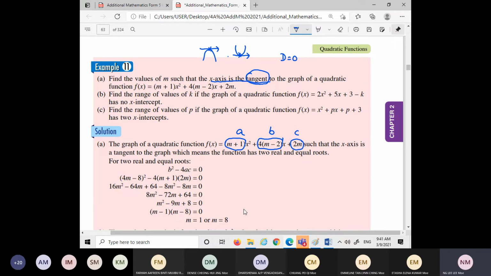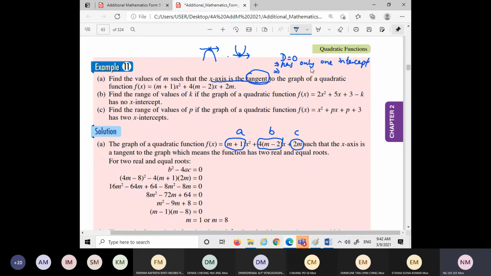This case is the same as when you have a keyword like this. I give you more keywords for D equal to 0. When you see has only one intersect, sometimes they will use this.